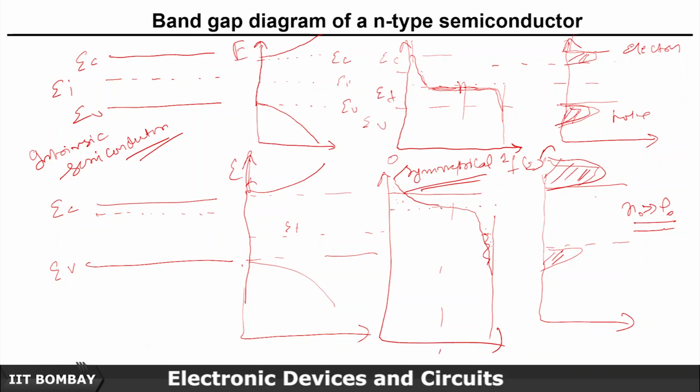Similarly, you can draw it for holes in the p-type semiconductor. This is for your n-type semiconductor. The energy states are the same. Only the Fermi energy shifts up from the middle towards the conduction band, and that gives a large number of electrons. Similarly for holes, it will shift down, and the number of holes would be much larger than the number of electrons in the case of a p-type semiconductor.